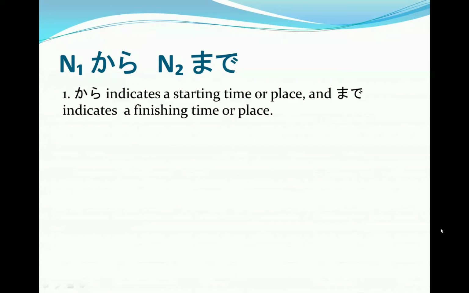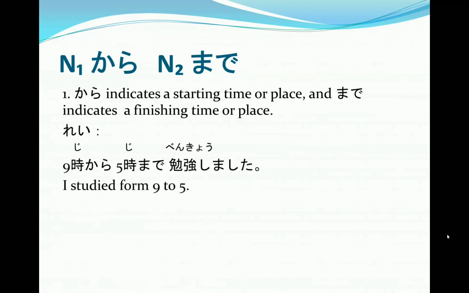So kara indicates the starting time or place, and made indicates the finishing time or place. So let's see the example that we have. 9時から5時まで勉強しました. So I studied from 9 to 5.